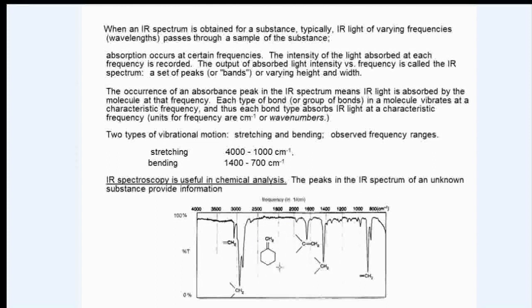This is also called an exocyclic double bond. Now, this molecule has different types of bonds. These bonds are undergoing continual vibrational motion, which includes both stretching and bending type vibrational motions.